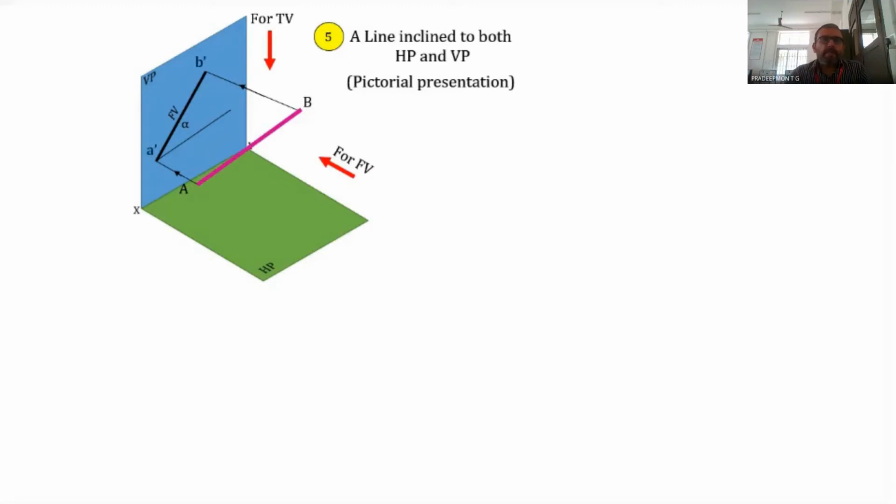Now here are A dash and B dash. So A dash B dash is the front view, and the front view is making an angle of alpha with the XY line. That is the case of the front view.